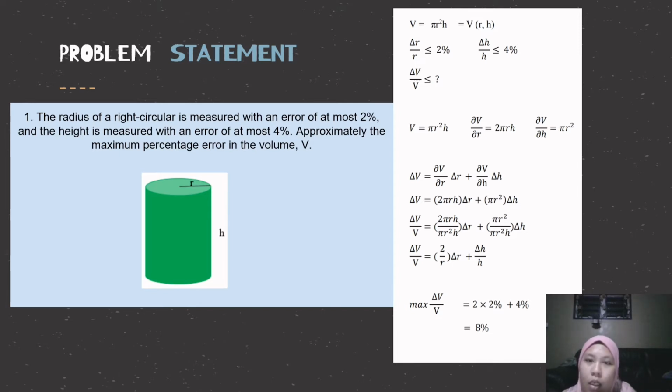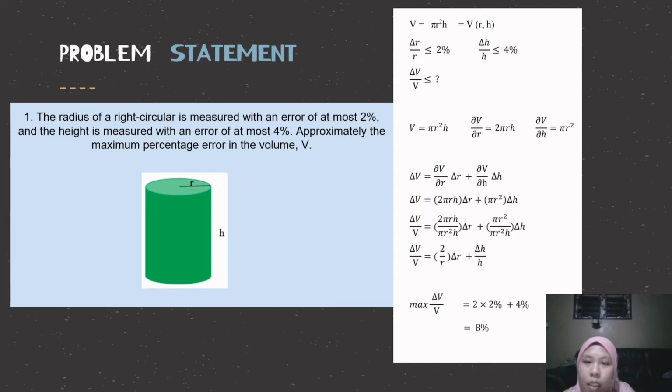So the volume is pi r squared h. The partial derivative of volume with respect to radius is equal to 2 pi r h. The partial derivative of volume with respect to height is equal to pi r squared.